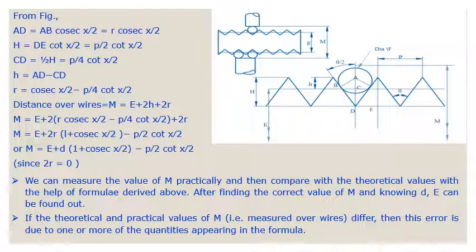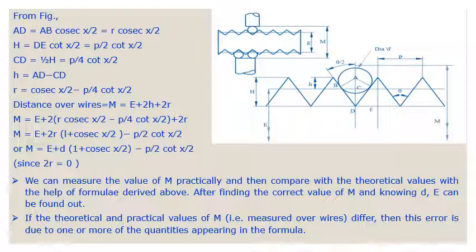Further, AB we derived in the earlier slide as d by 2. Here I am determining it directly as r into cosecant of x by 2. Even if you want, you can note it down as d by 2 of cosecant of x by 2. The expression is the same initially here.